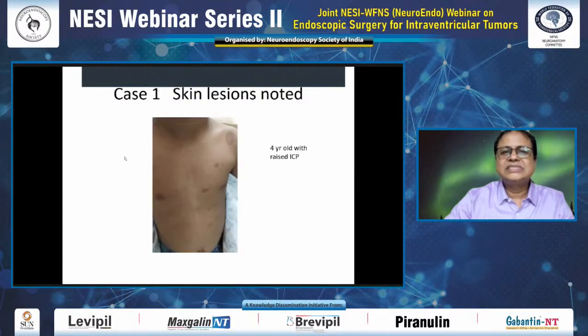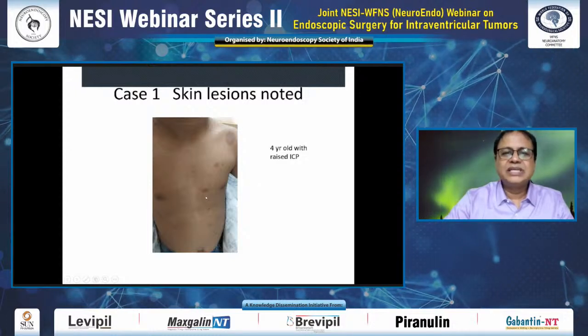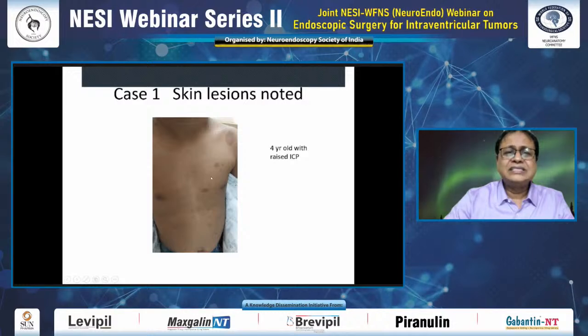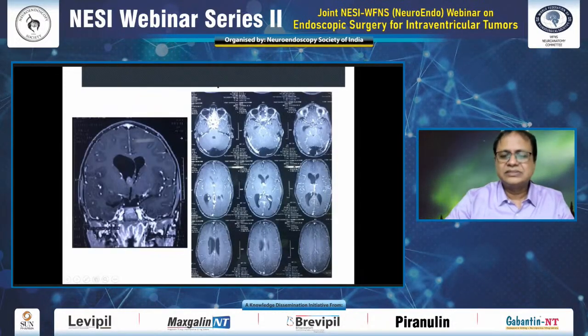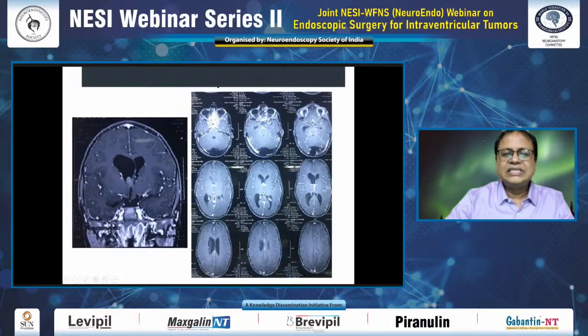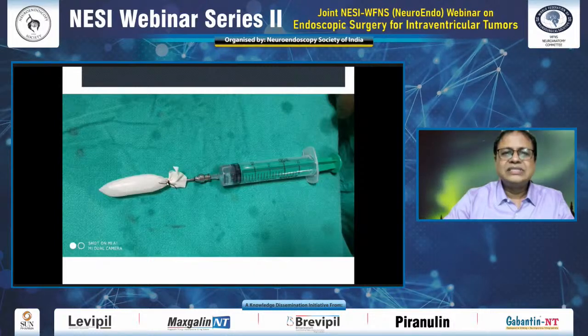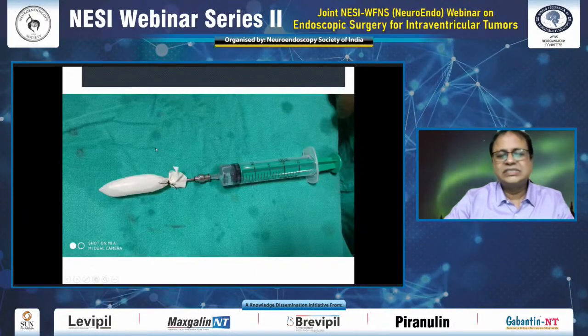Now this case is a 4-year-old child who presented with raised ICP with multiple spots all over the body, and this was the scan, which is suggestive of a subependymal giant cell astrocytoma. We discussed a lot on using the syringes, which are sharp, and using the silicone tube which is soft.